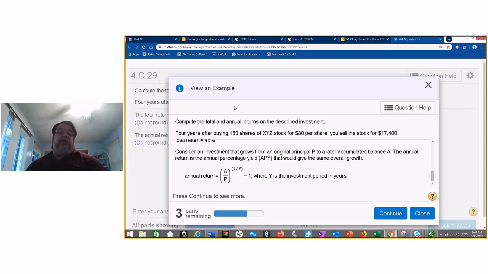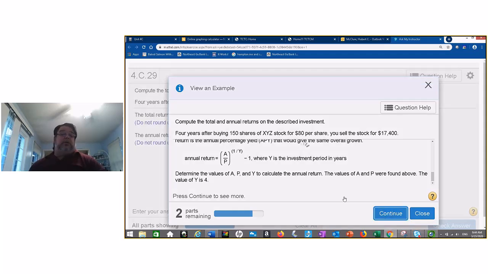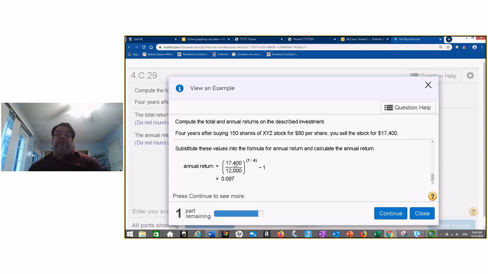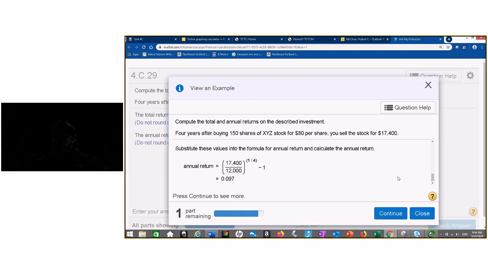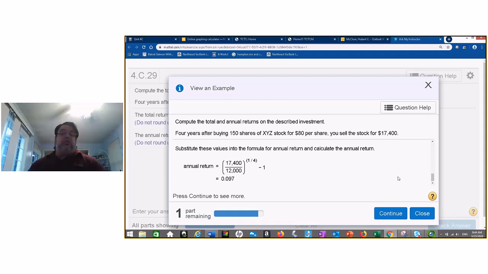A over P raised to the 1 over T power. I don't know why they have to make everything complicated. So in that case, it's going to be your 17.4 over your 12,000. So in this case, 21.9 over 14 raised to the 1/4 power.